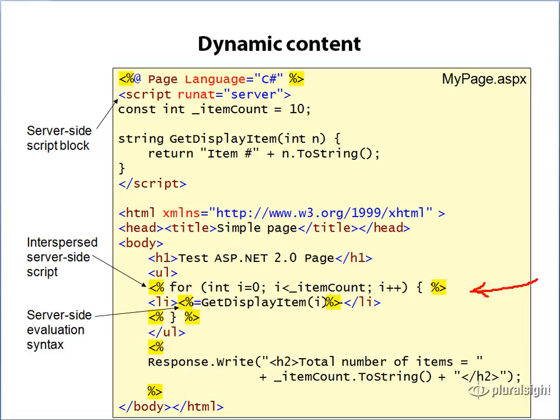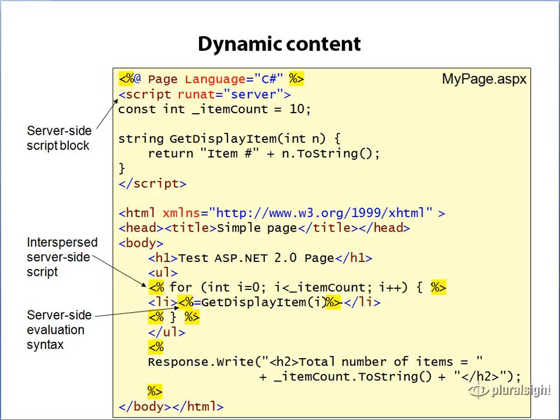Anyway, what I want to show you on this page are the types of dynamic content that you can incorporate into a page. First of all, we have the interspersed script notation that you see down here. This is just a way of dropping code into your page. Now, unlike traditional ASP, this is whatever language you have specified up here. It's not going to be VBScript or JavaScript necessarily.